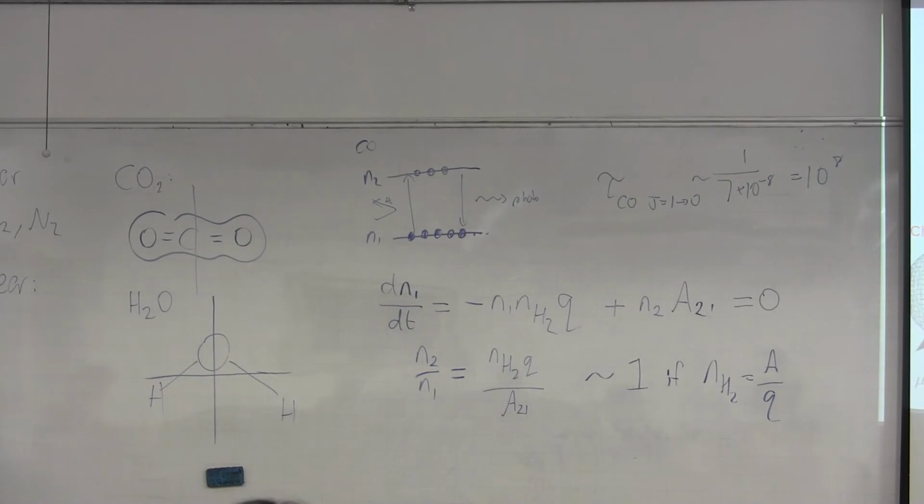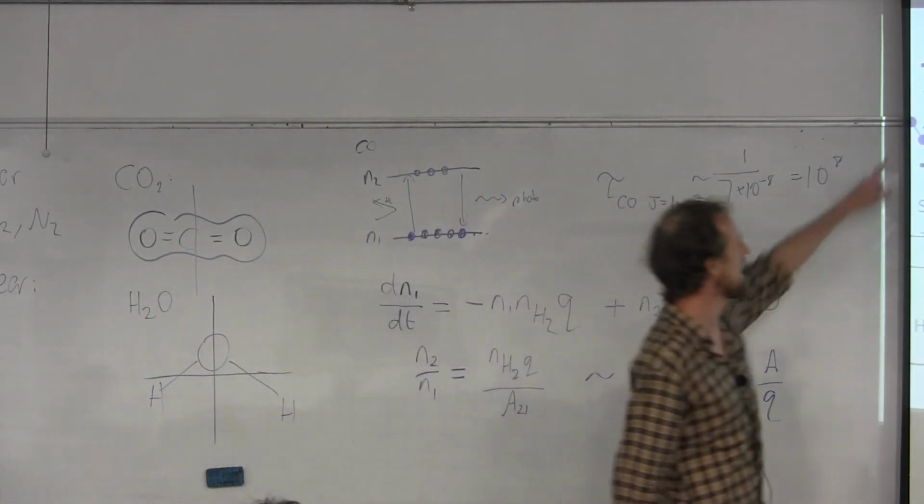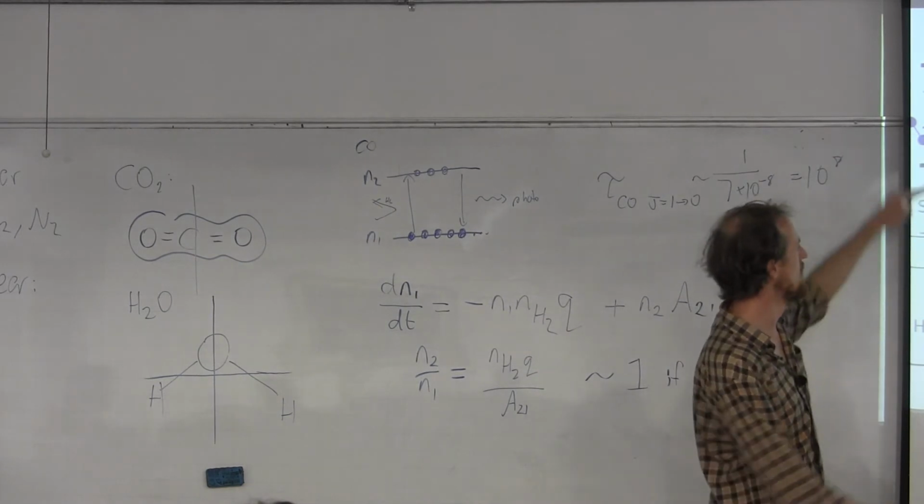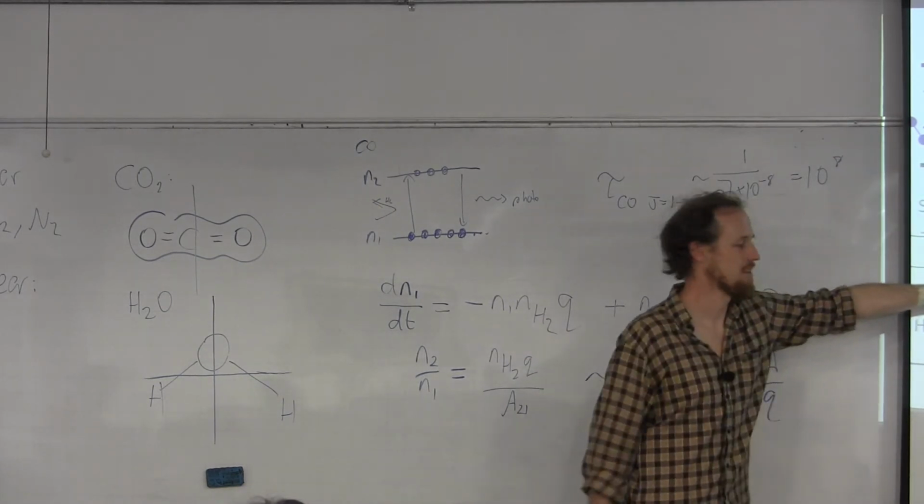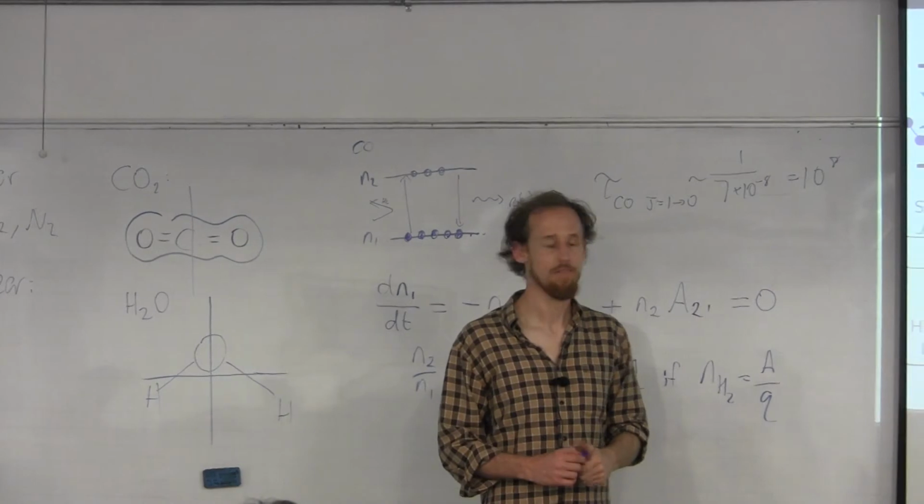On the other hand, if you consider the collisional rate, this is how easily the hydrogen will push it back up a level. That's 5 times 10 to the minus 11. It's even lower probability.